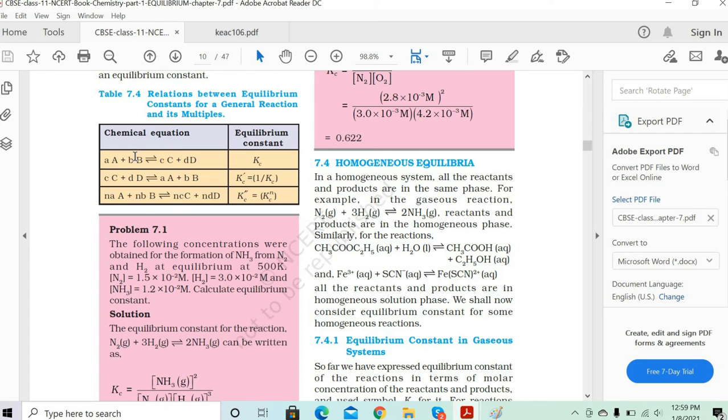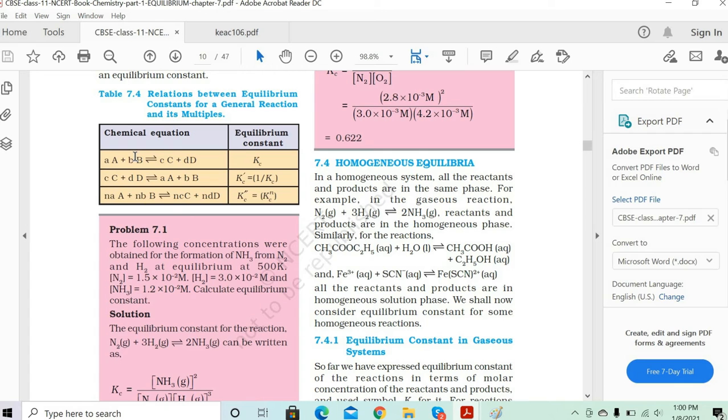That will be given as Kc. But if you want to do the reverse reaction, it will become the reciprocal, because numerator will change to denominator, denominator will change to numerator. Clear? That is given as K'c.